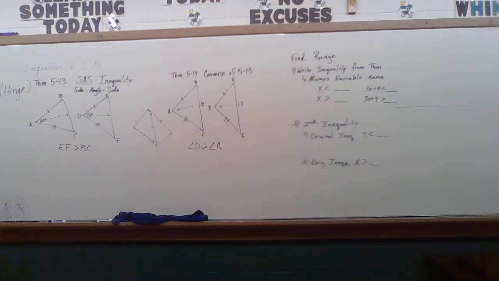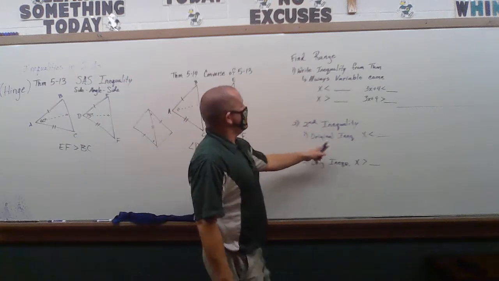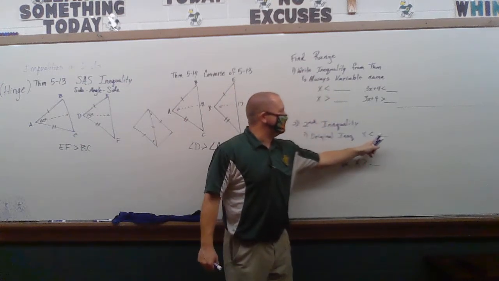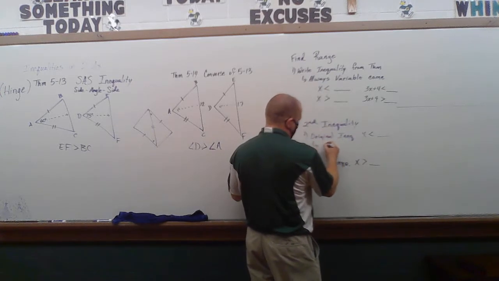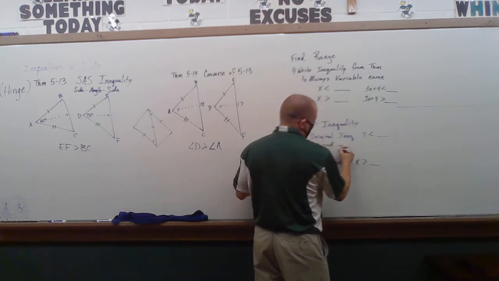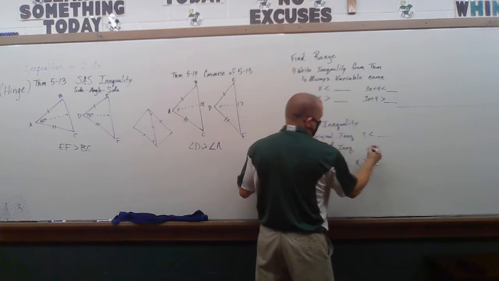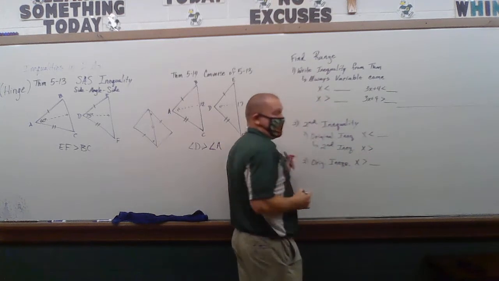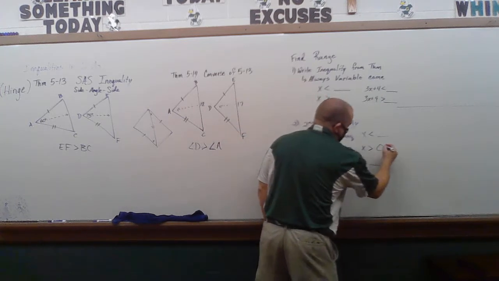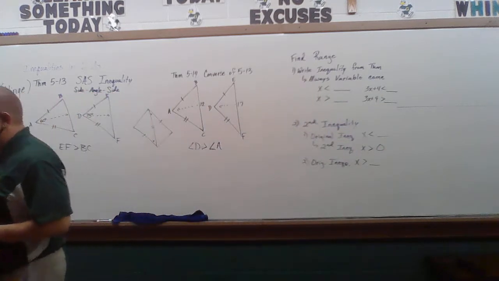What's the measurement of an angle in a triangle have to be greater than? 0. Okay? So, if my original says x is less than something, my second inequality has to be the opposite, so it's going to be greater than, and as Aiden just said, greater than 0.